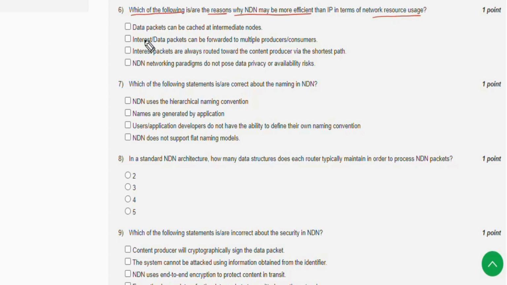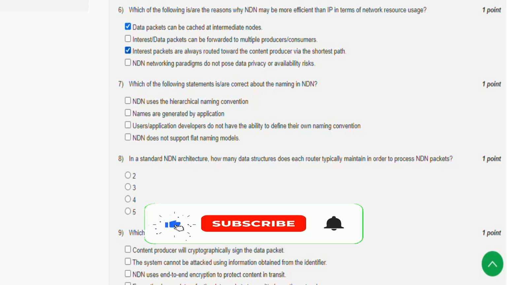Okay, the options are: data packets can be cached at intermediate nodes, interest and data packets can be forwarded to multiple producers or consumers, interest packets are always routed towards the content producer via the shortest path, and NDN networking paradigms do not pose data privacy or availability risk. And the answer will be this one and this one. Okay, so I select those options.